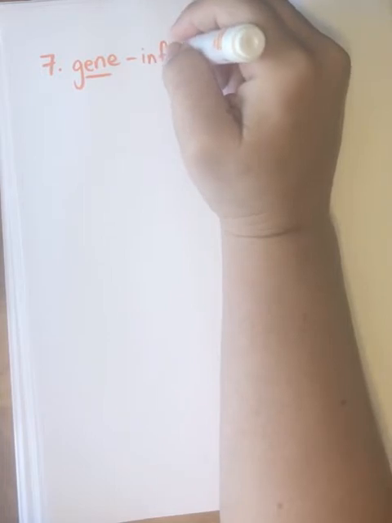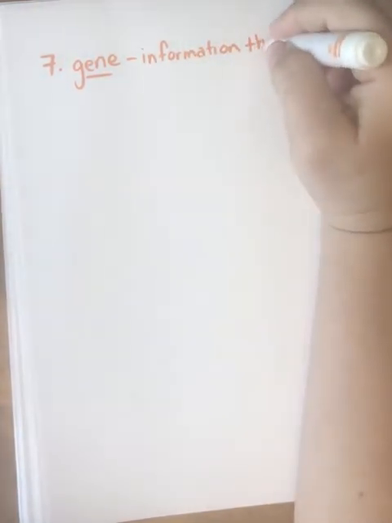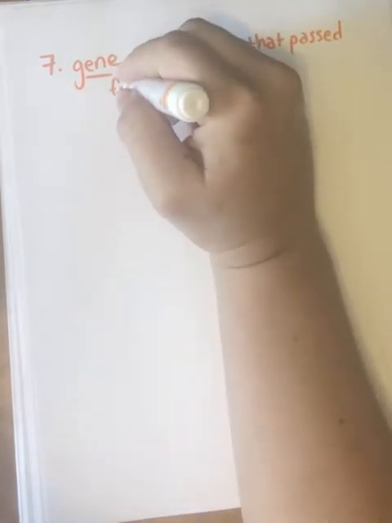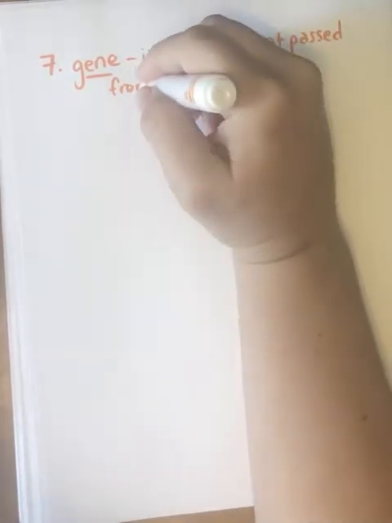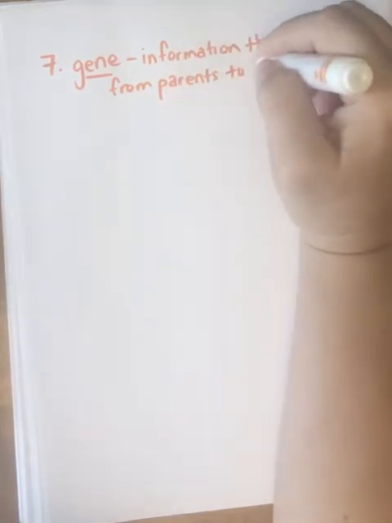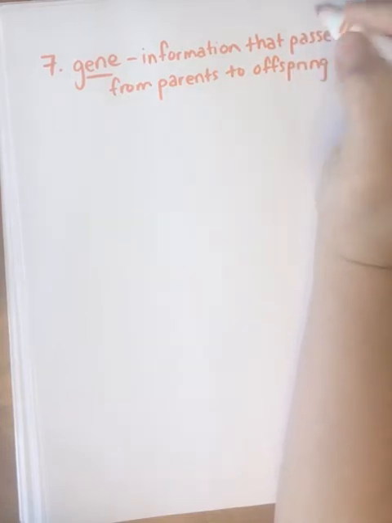This is going to be the information that is passed from your parents to yourself, or passed from parent to offspring. That is a gene. We pass genes to our offspring.